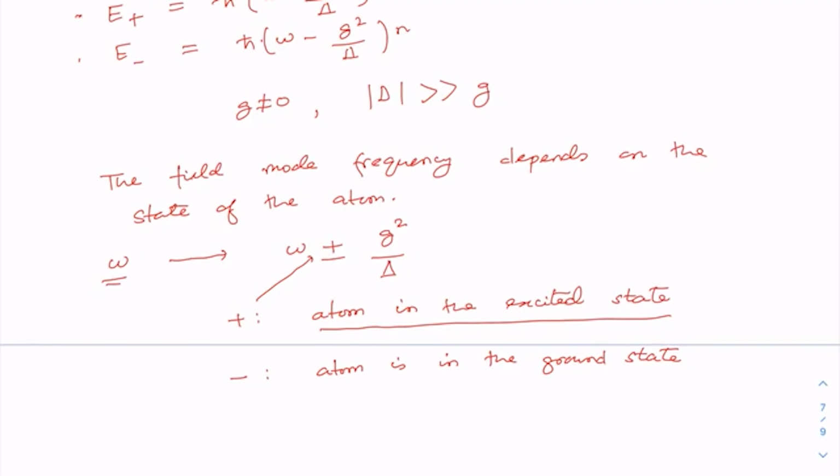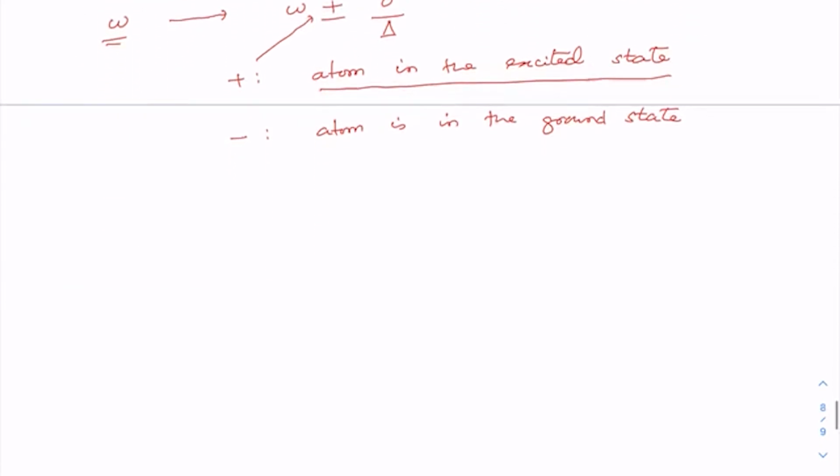Now all these effects that we discussed for the dispersive case can be summarized in the form of an effective Hamiltonian. In order to write the effective Hamiltonian, let us use sigma z, the z component of the Pauli matrices.